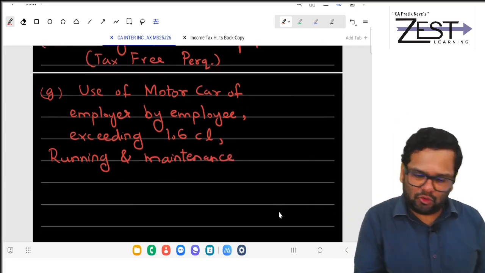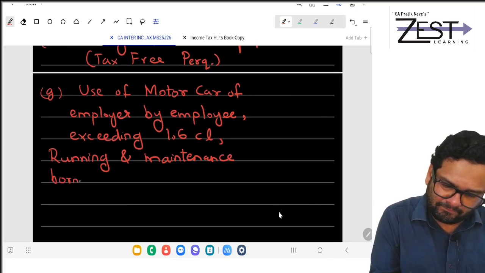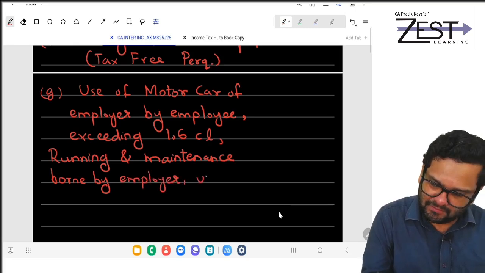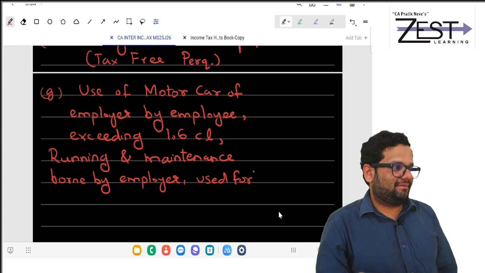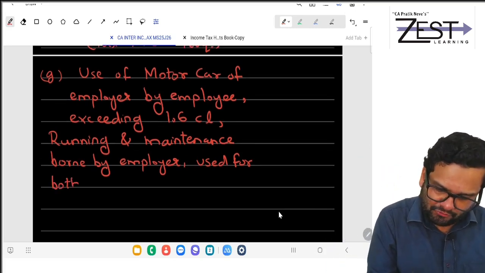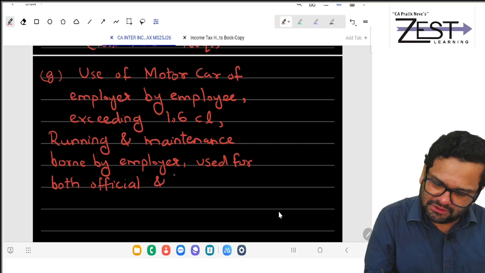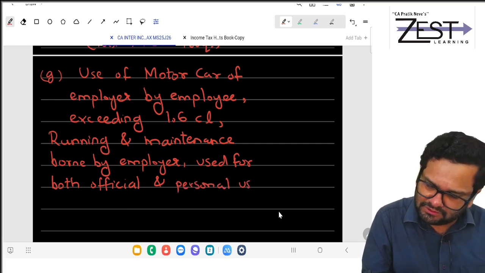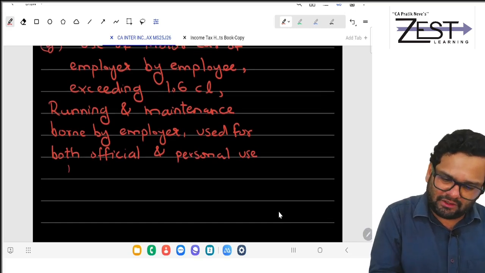Used for both official and personal use, isn't it? You only ask yourself. You have used all these factors. So they should be conveyed now.